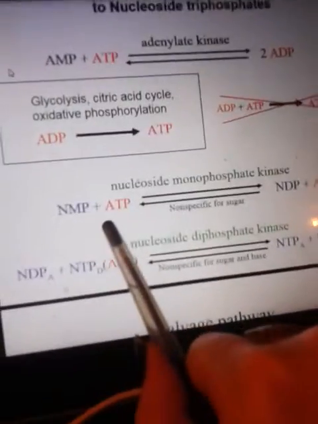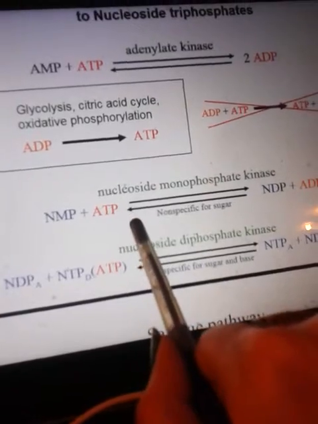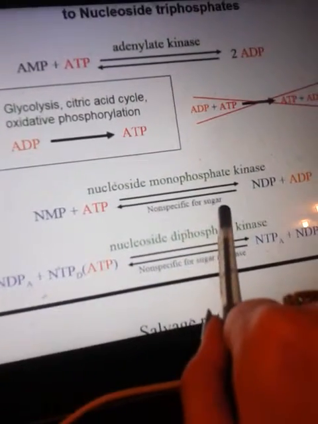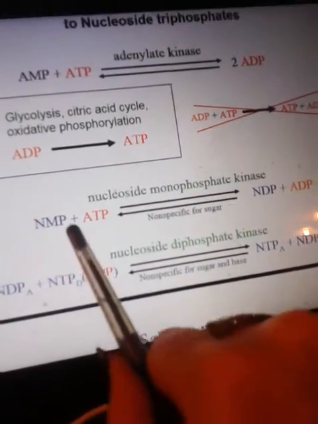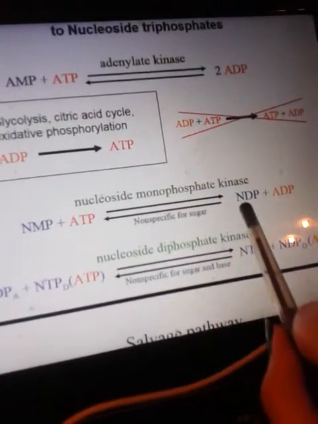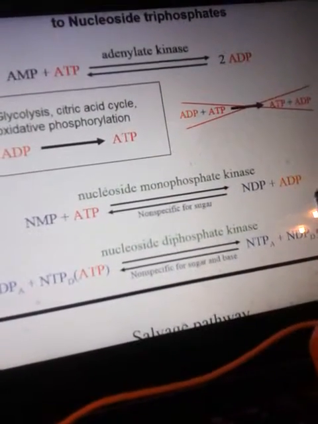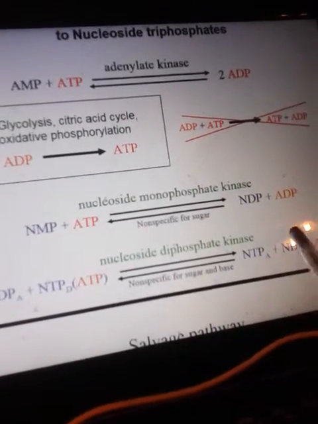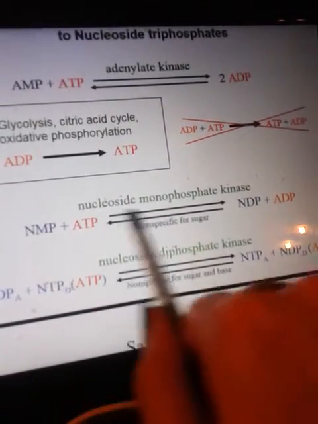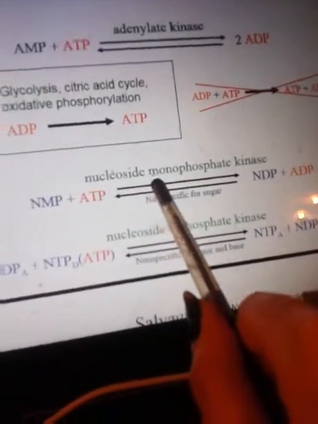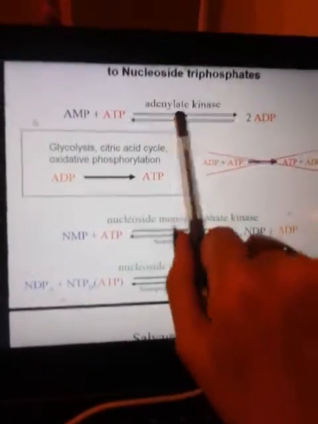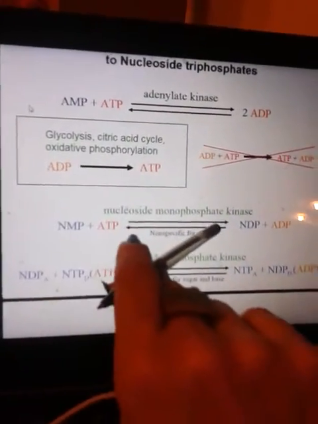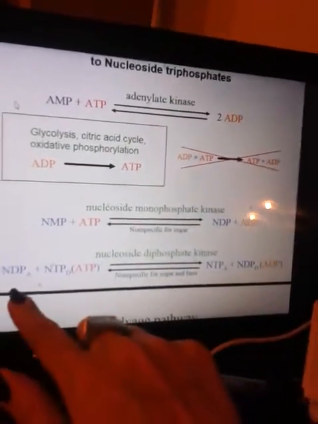Nucleoside monophosphate plus adenosine triphosphate, non-specific for the sugar, whether ribose or deoxyribose, can produce nucleoside diphosphate and adenosine diphosphate, from mono and tri, two times D. It could be AMP, it could be NMP. The name of the enzyme, instead of adenylate kinase, is nucleoside monophosphate kinase.